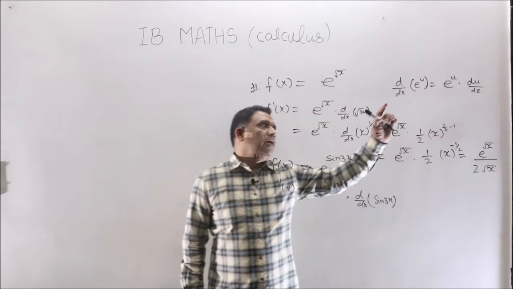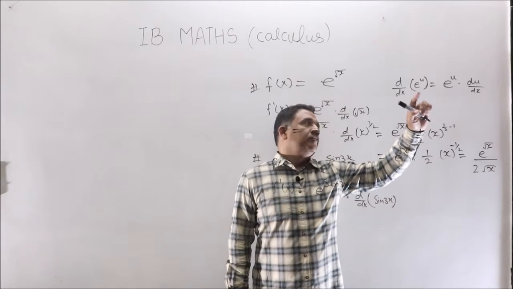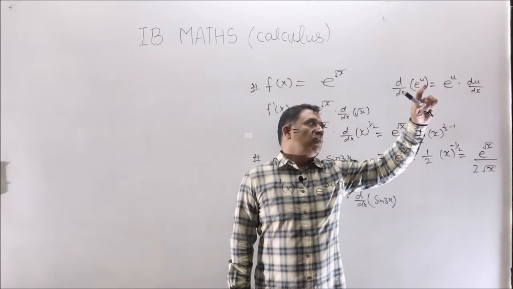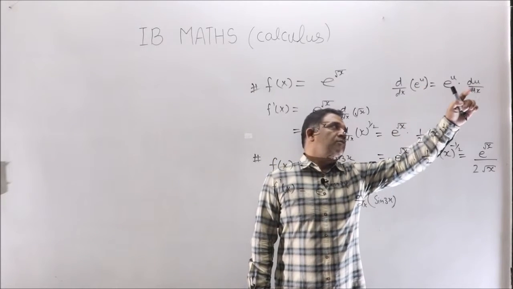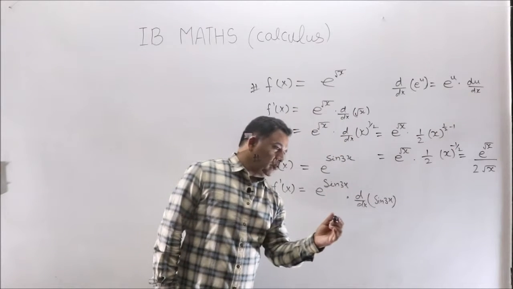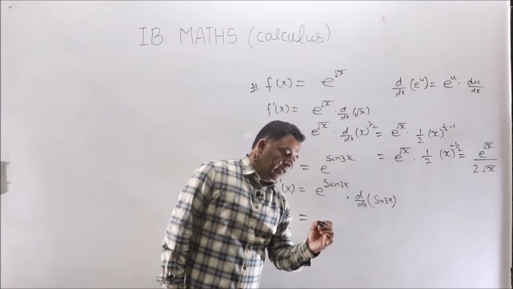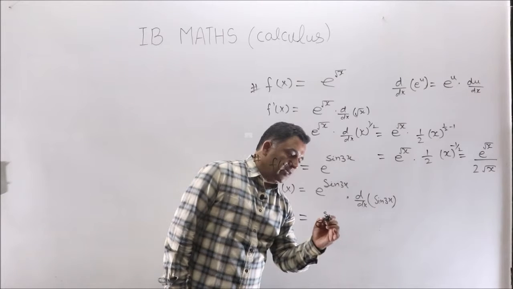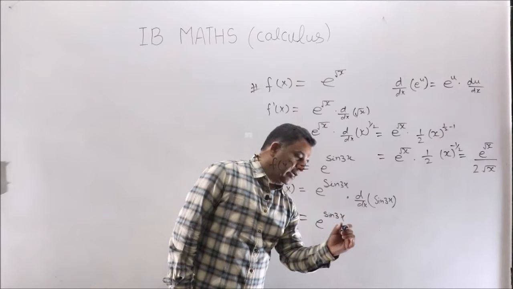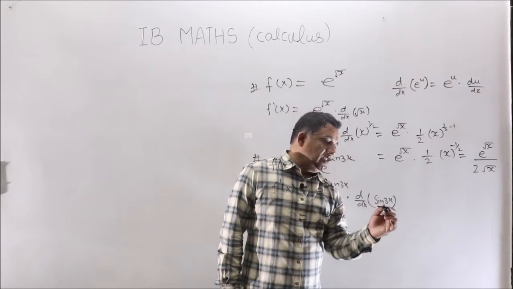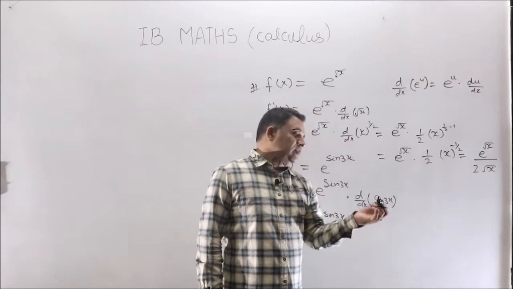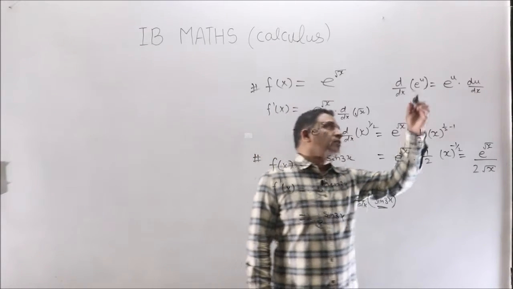So here this formula is again useful. e raised to power u gives us e raised to power u times du by dx. So we could be doing here e raised to power sine 3x times the derivative of sine 3x. In fact, so this is sine 3x.